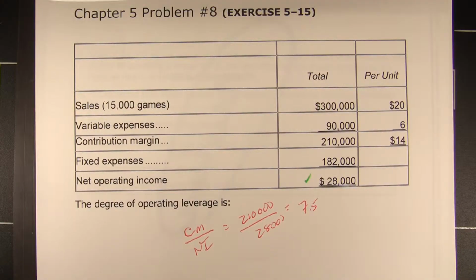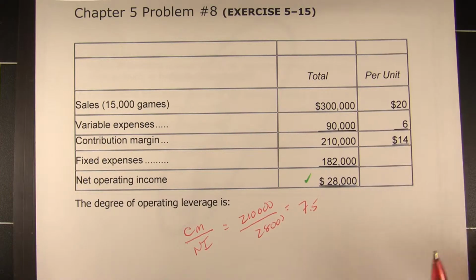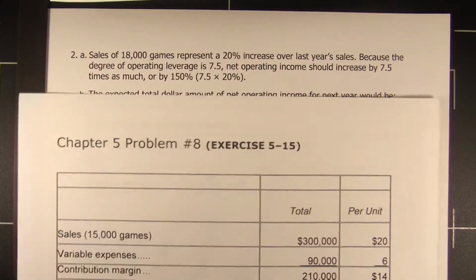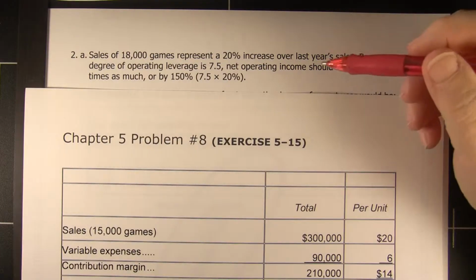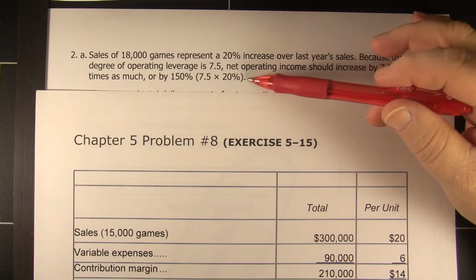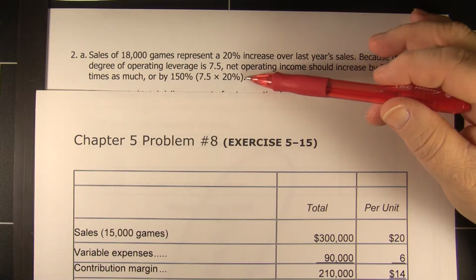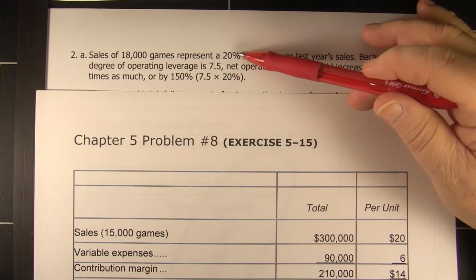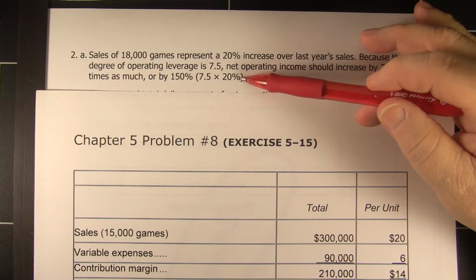Well, last year's net operating income was 28,000. If we go to 18,000, our operating income should increase by 150%. A 20% increase in sales, 3,000 over 15,000, that's 20%.